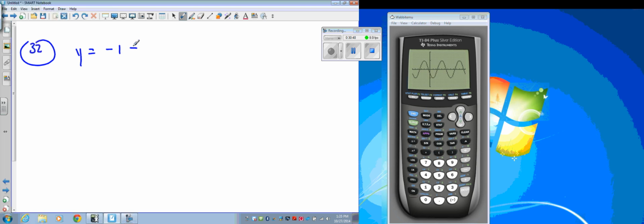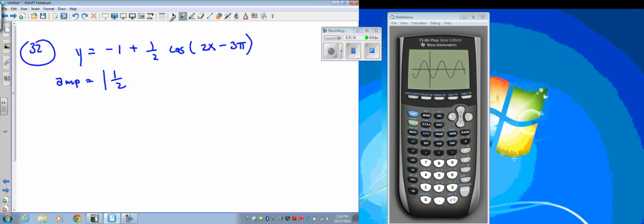Minus 1 plus 1/2 cosine of 2x minus 3 pi. Okay, we do amplitude. So the amplitude is going to be the absolute value of one half, right?